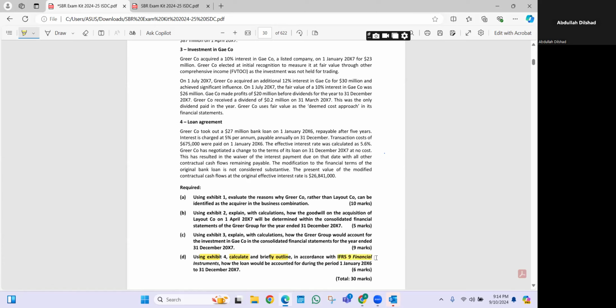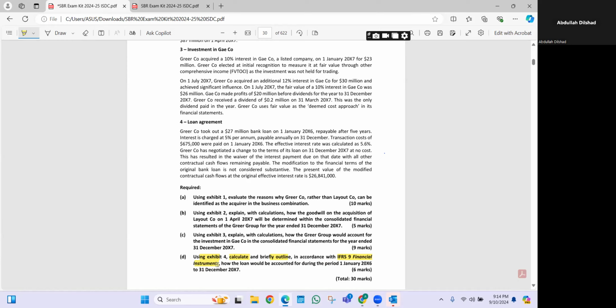So hopefully you all have studied IFRS 9 financial instruments. And you all know the IFRS 9 examiner, he likes to test it as much as possible in any of the questions. So you all will be getting 4 questions for 100 marks, and there's a high probability that the examiner will test you all with IFRS 9, right?